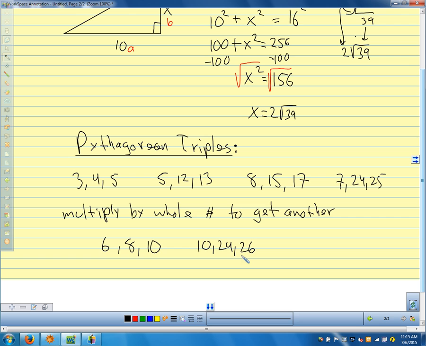So 3, 4, 5 comes up a lot. And the 5, 12, 13 you'll see a lot, especially in pre-calculus when you're doing trigonometry. The 3, 4, 5 and the 5, 12, 13 show up a lot. So it can be helpful to know a couple of those, just so you don't have to do the Pythagorean theorem. Oh, that's a Pythagorean triple.